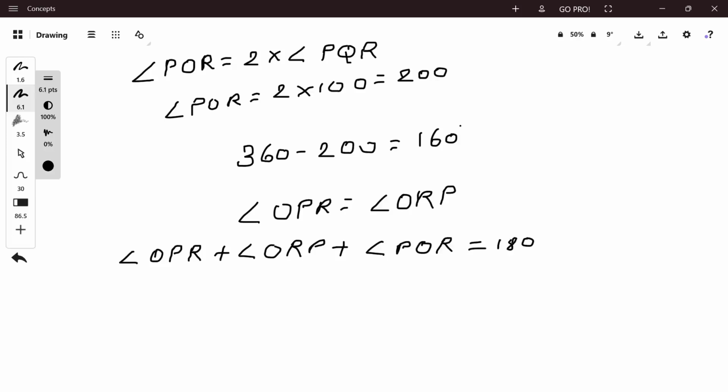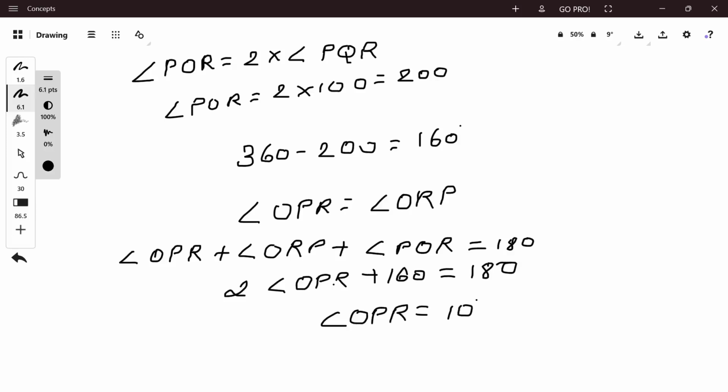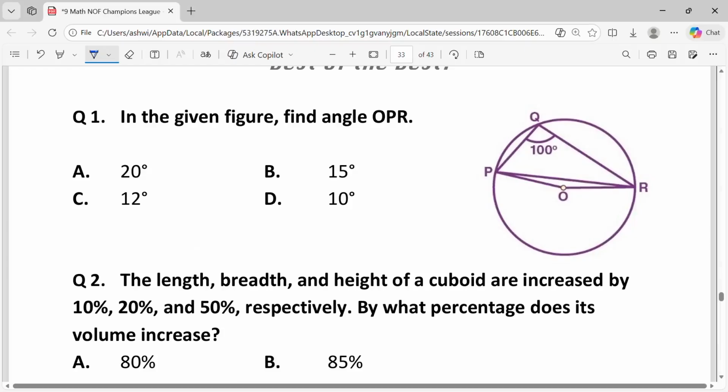That is 2 angle OPR plus 160 is equal to 180. So angle OPR is equal to 10 degrees. From the given options, answer is D, 10 degrees.